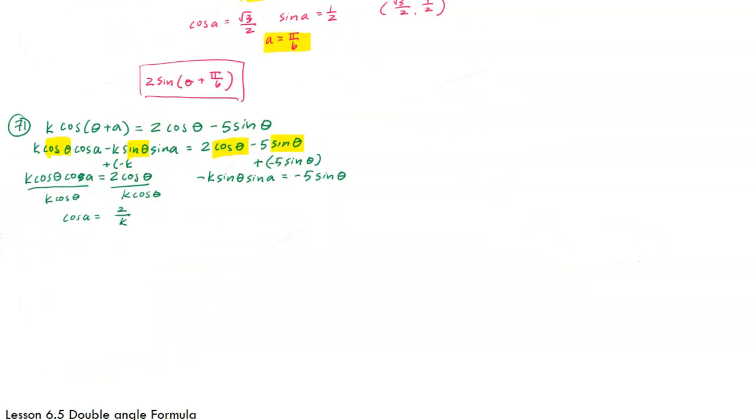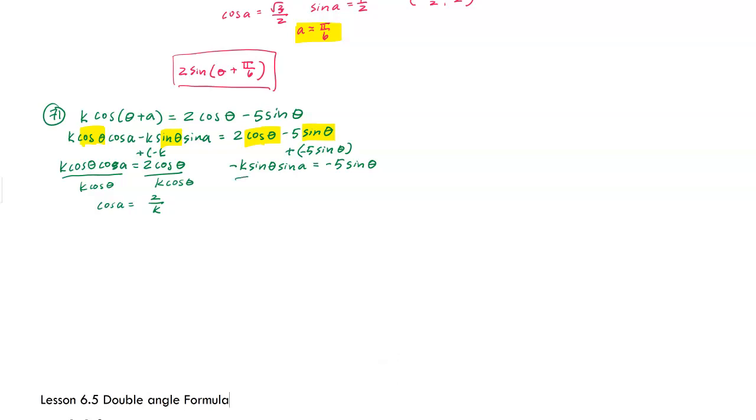And then divide by negative k sine of theta. So we end up with sine of A equaling 5 over k.